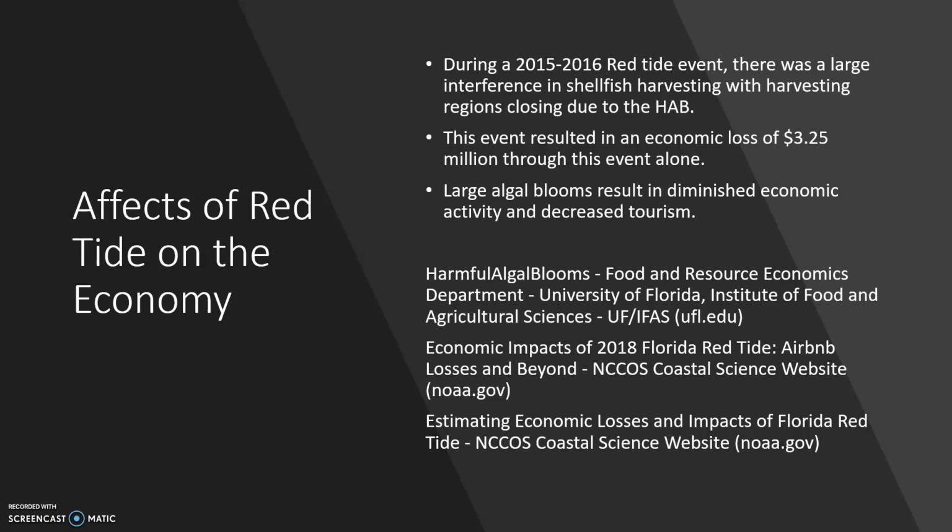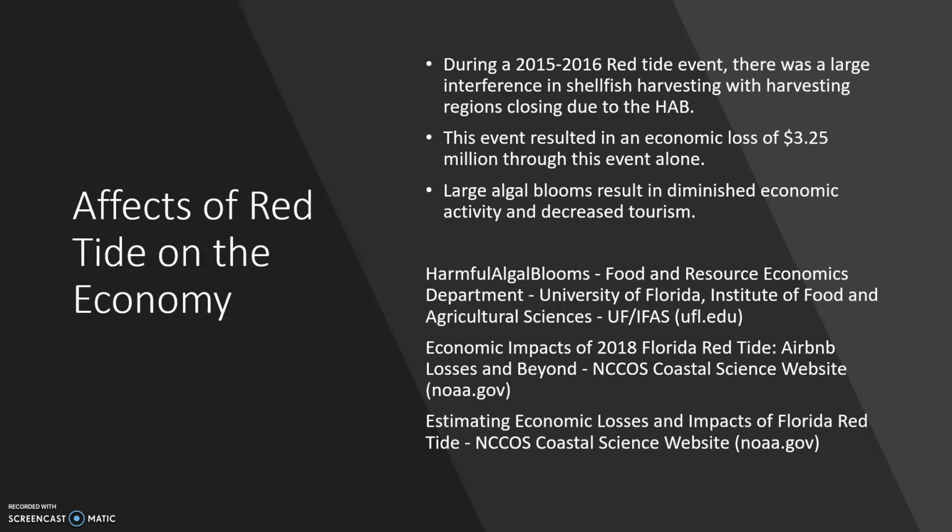There was also a survey conducted through Airbnb that suggested that a red tide concentration of 100,000 cells per liter of water reduces the daily rate of Airbnb properties by 44 cents, which decreases tourist demand by about 345 reservation days.